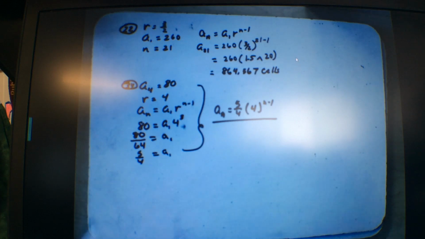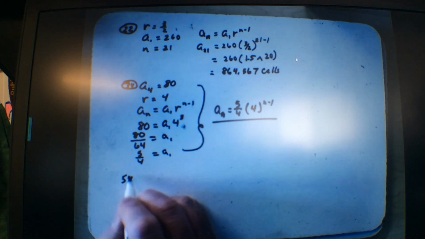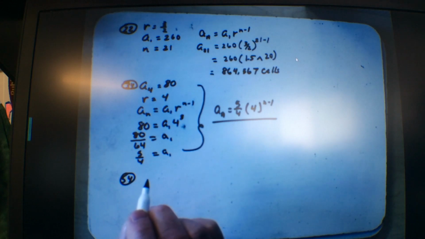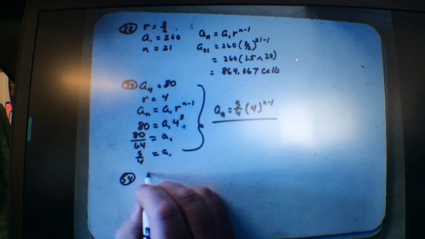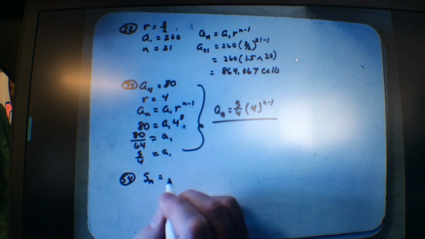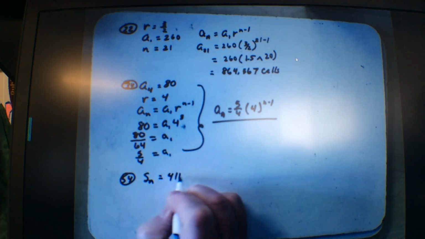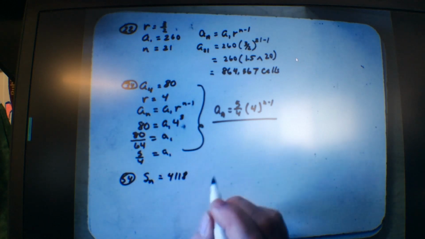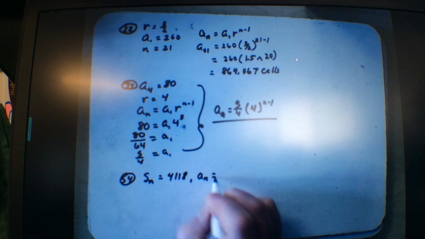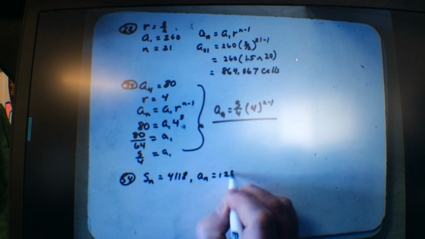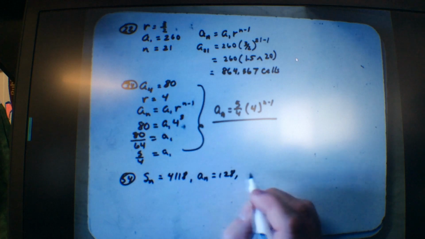Alright, let's take 54, shall we? It says find a sub 1 for each geometric series described. Okay? So we have a sum, and it is 4,118. We also know that a sub n equals 128. And r is 2/3.